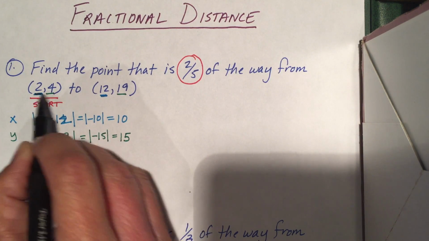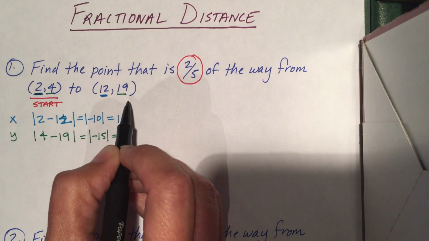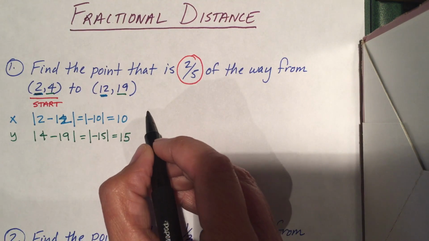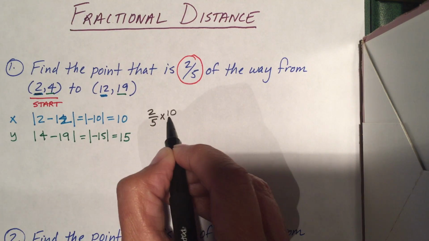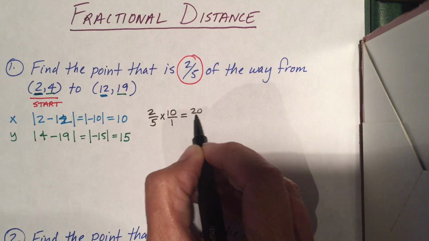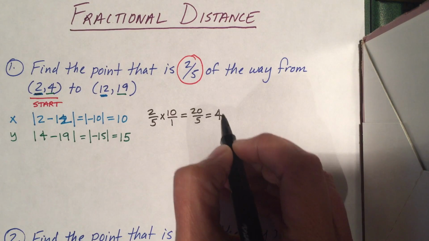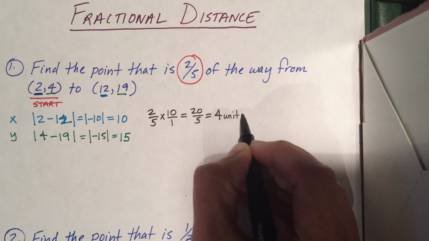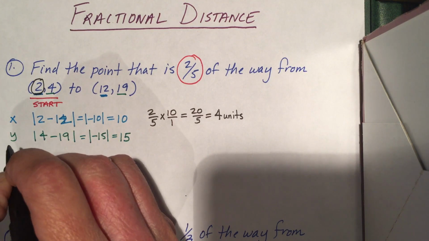I'm not going all the way from 2 to 12. I'm going to go 2/5 of the way. So I'm going to take 2/5 and multiply it by 10. I can put 10 over 1. Remember, you're multiplying fractions. That gives me 20 over 5, which is 4. So I actually only want to move 4 units away from my starting point.